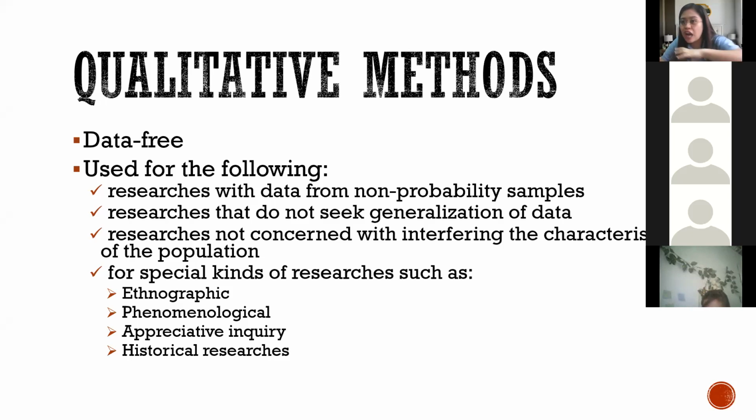Isulat ninyo ang pangalan sa tanang respondents, butang ninyo sa bowl, and then mamili mo. Mao na siyang time nga equal ang ilahang chance to be selected. That's probability sampling technique. Pero pag moingon ka og non-probability sampling technique, your participants have no equal chance to be selected in your study. Example, convenient sampling.